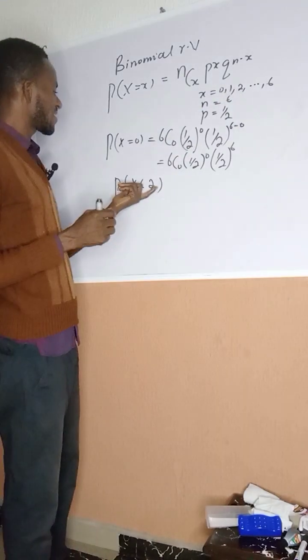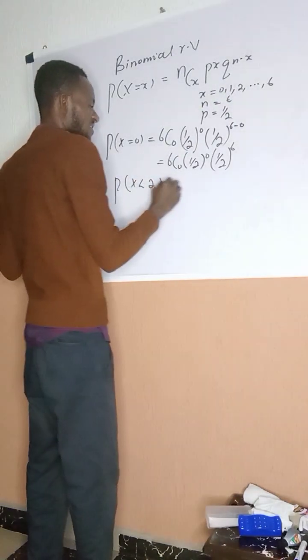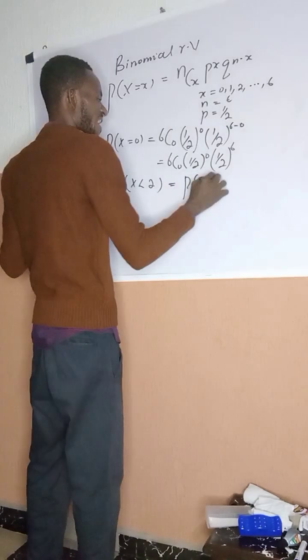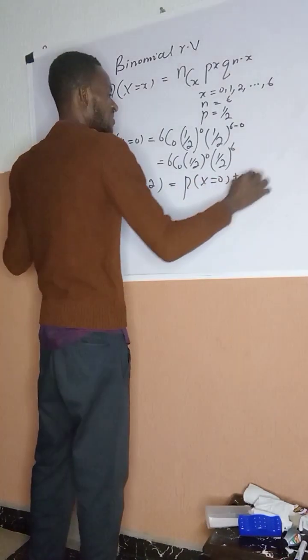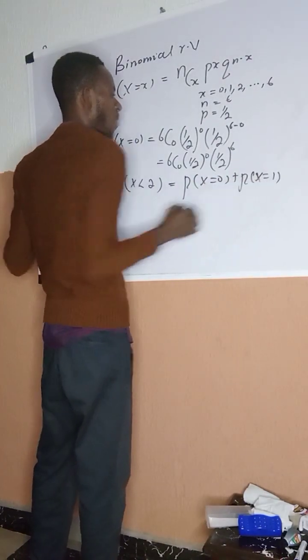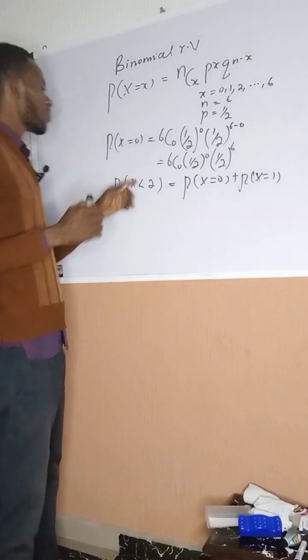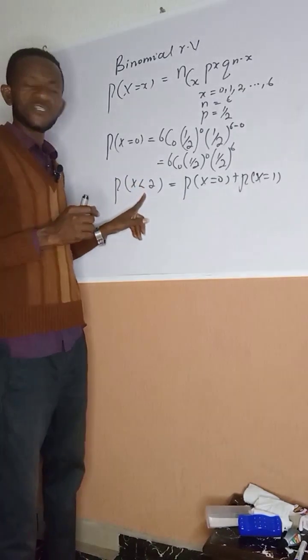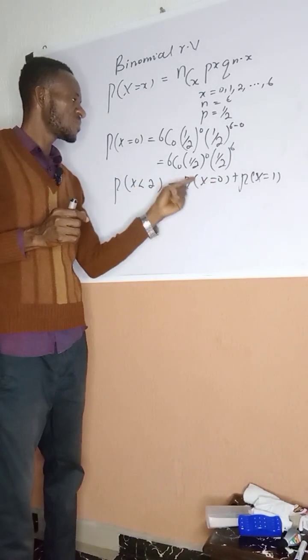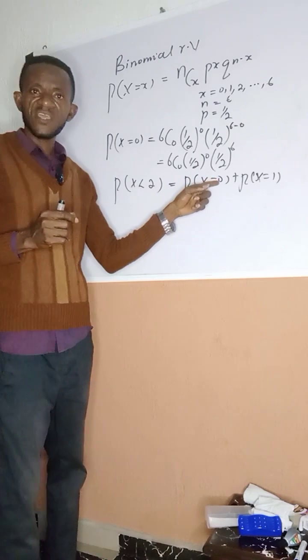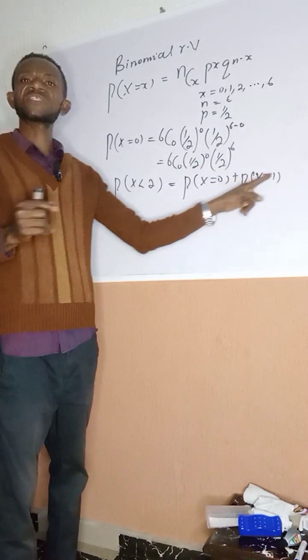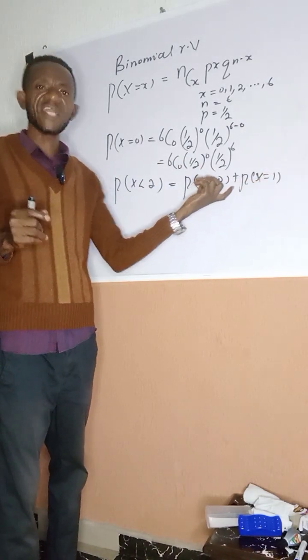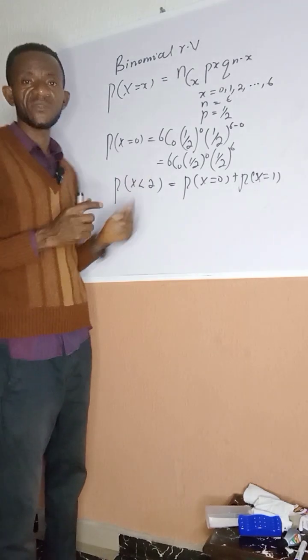So what will satisfy this is that this equals the probability that x equals 0 plus the probability that x equals 1. That is what satisfies this condition. So you are going to evaluate the probability when x is equal to 0 and the probability when x is equal to 1. Add both of them together and you must have answered this question.